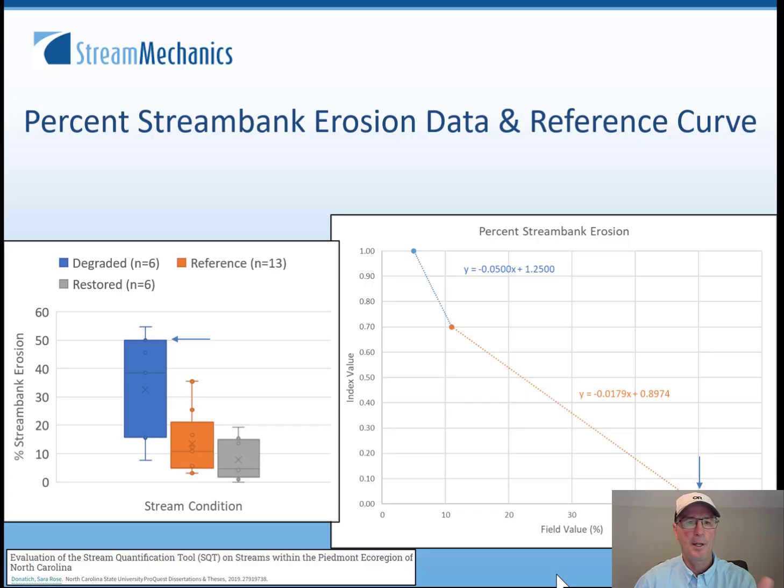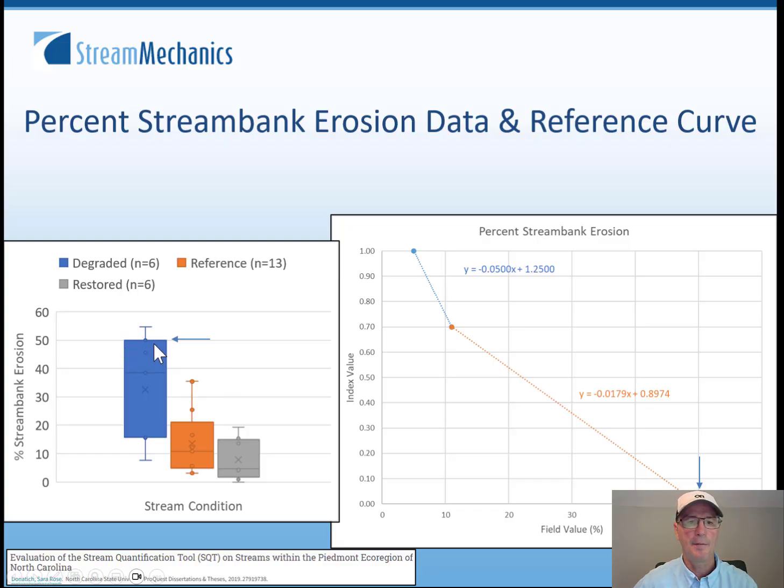In this example, they had sites. They don't have a very big sample size, right? Only 6 for degraded, 13 for reference, and then they also did restored streams as well. But in this example, the steering committee took that thesis and then set the 0 at 50%.